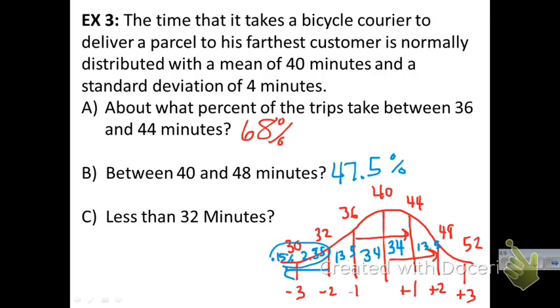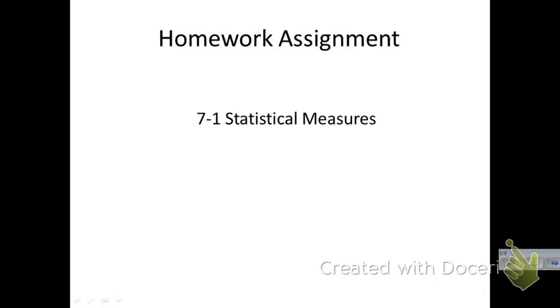So when we add these 2% for this one, we end up with 2.5%. Okay, I hope that will help you with your 7-1 homework. Good luck.